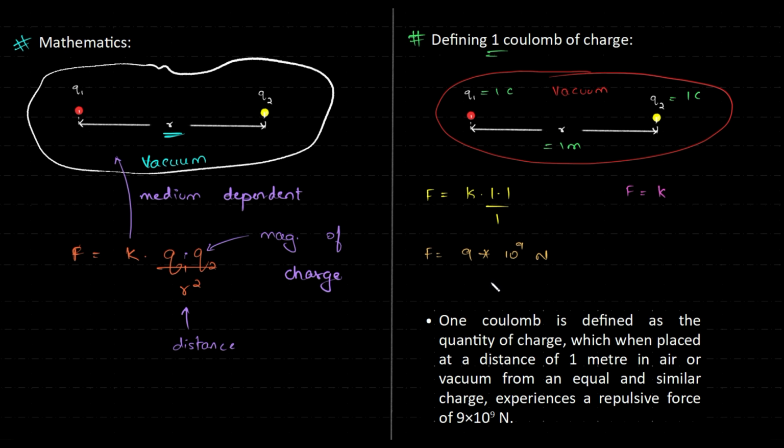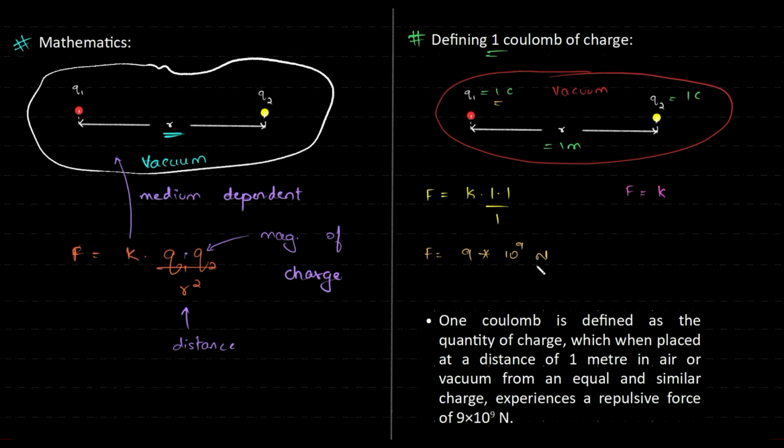Okay, so we can put it in this way. Say we have two charges. We don't know what their charge is per se. We don't know what X is, how much coulomb. But we know that both the charges are of the same nature and same magnitude. The strength is the same. And they are 1 meter apart and they are in vacuum.